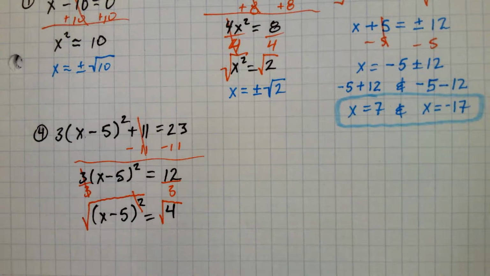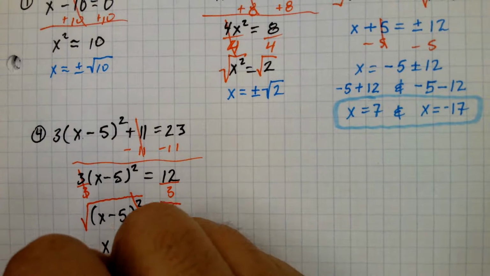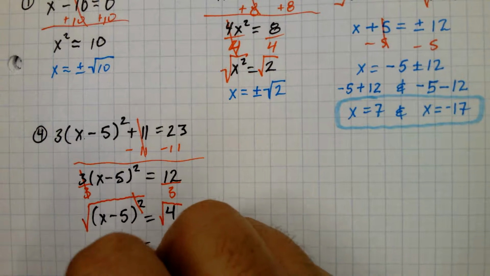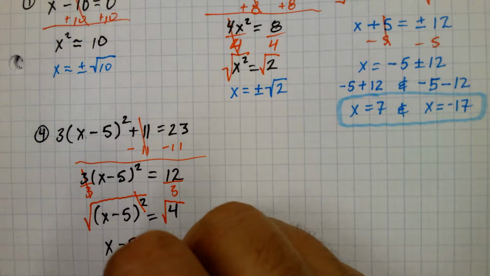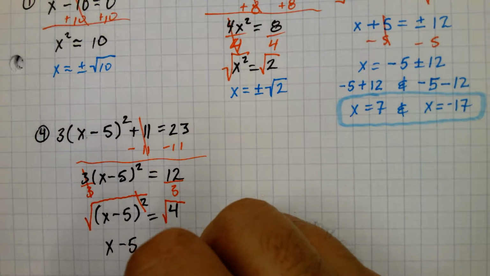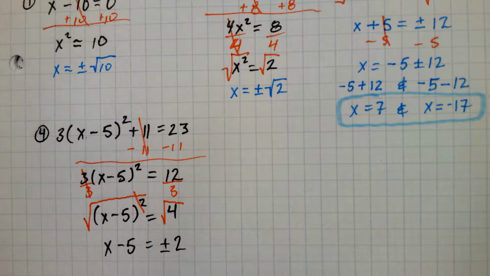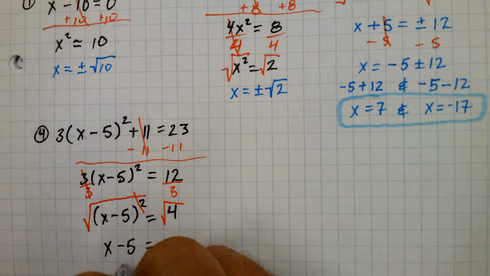That way we get rid of this. We get x minus 5 equals plus or minus 2. That's the part you got to get comfortable with. Once you take the square root, whatever it equals has to be plus or minus because you have two possibilities. Okay, so let's write down what it's going to be. Get rid of this 5.